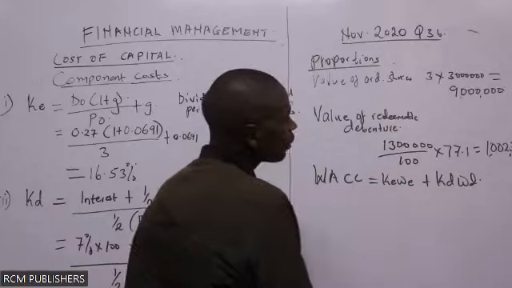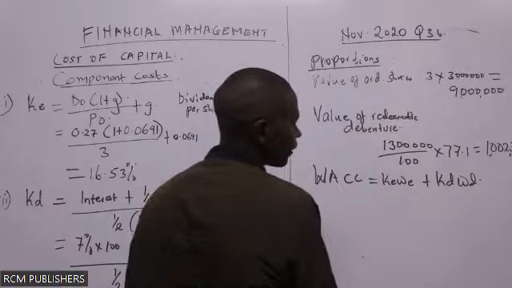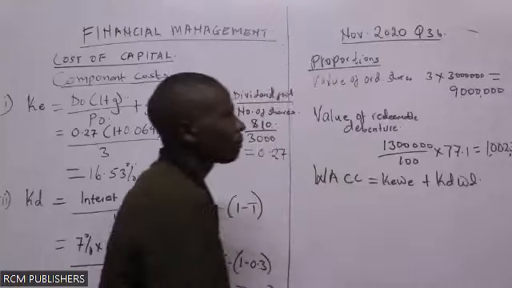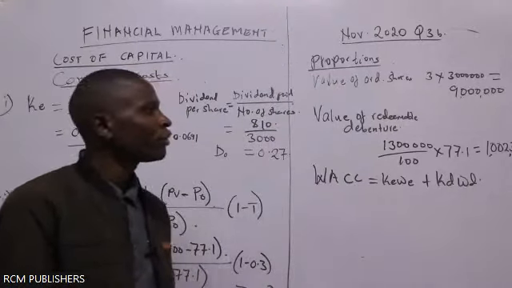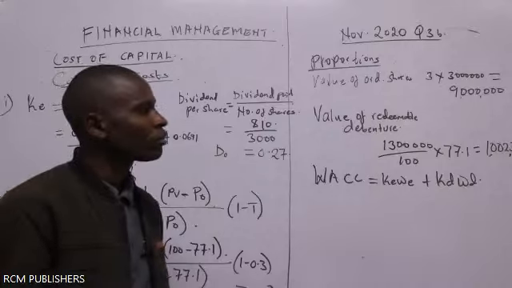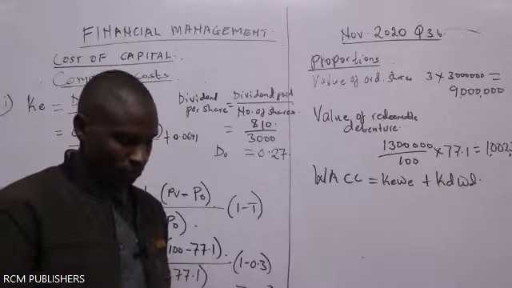Now, if I want to get the total of the proportion, inanipatia ngapi? 9 million plus 1,02,300. Utapata ngapi?